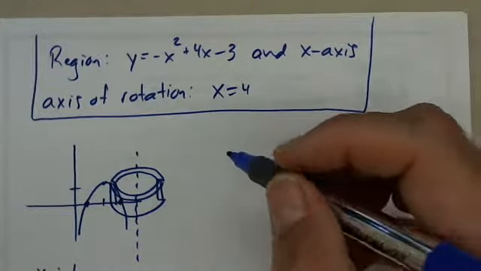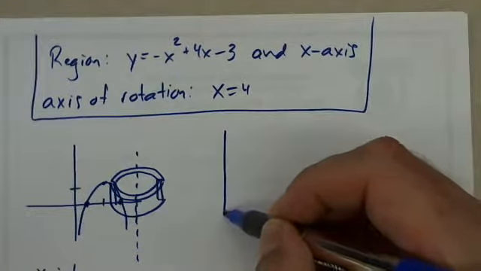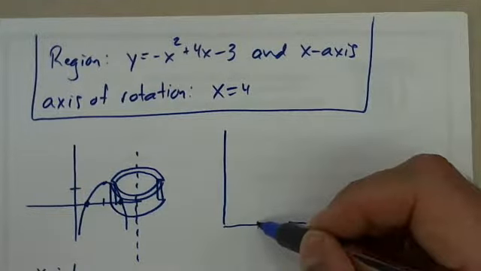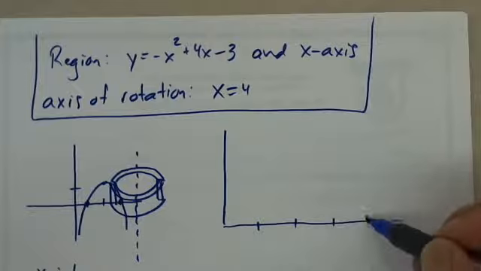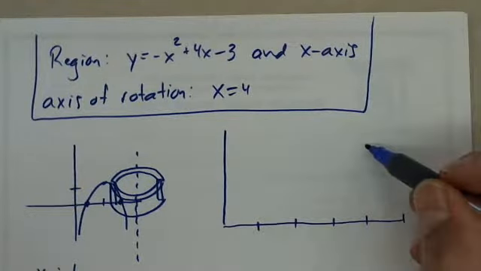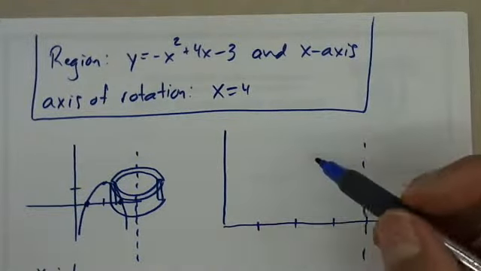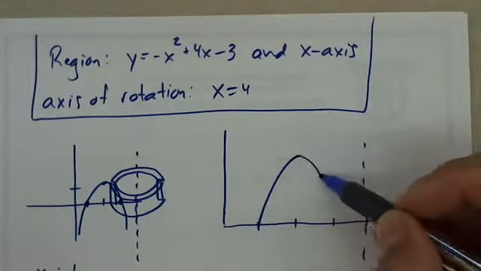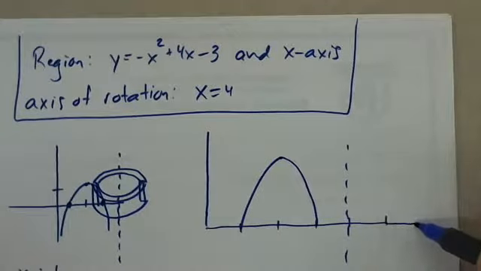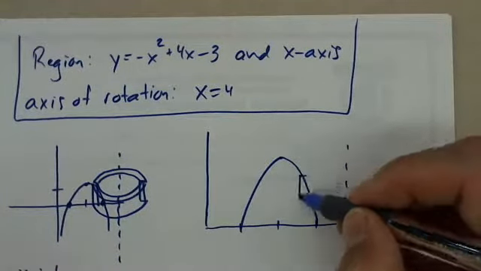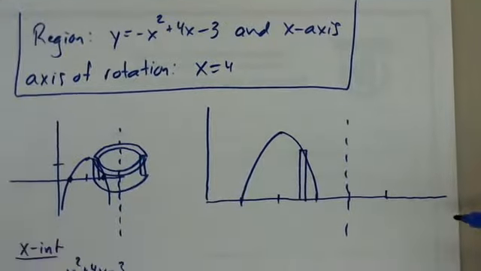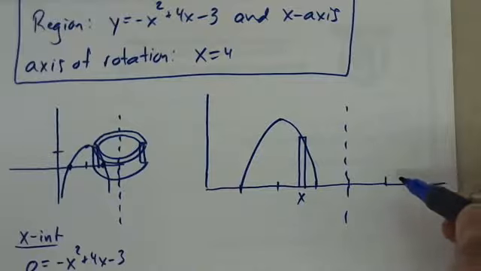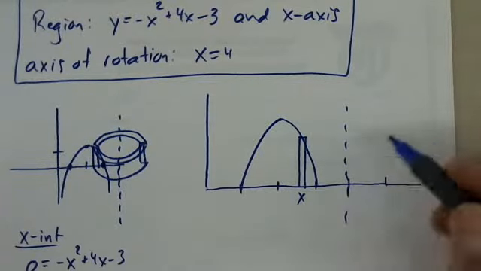And let's zoom in on that. One, two, three, four. All right, we are choosing any x value between 1 and 3.